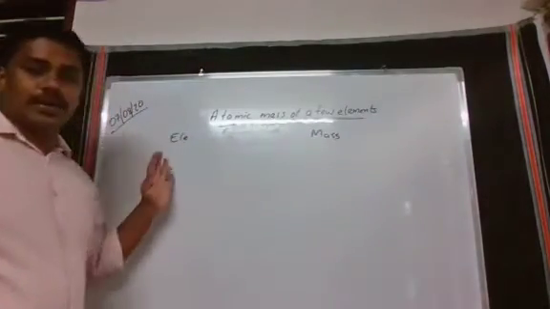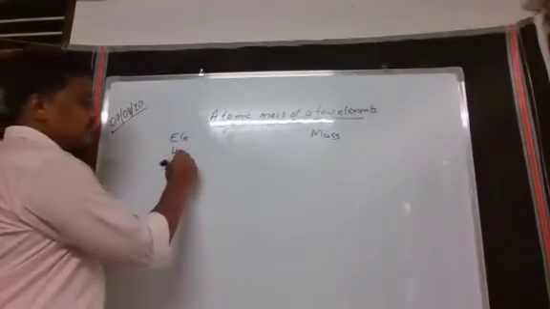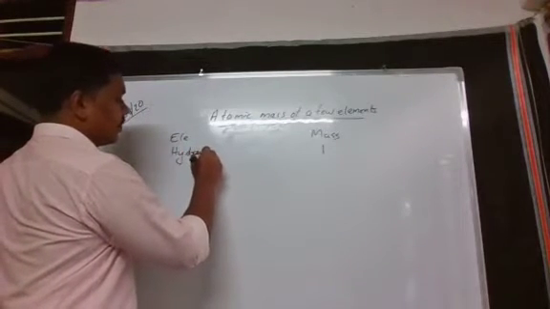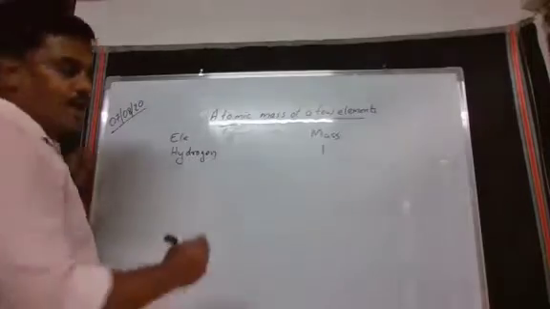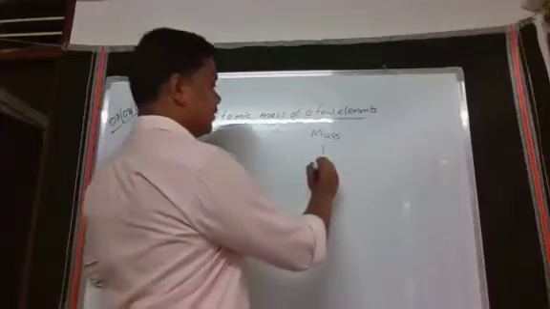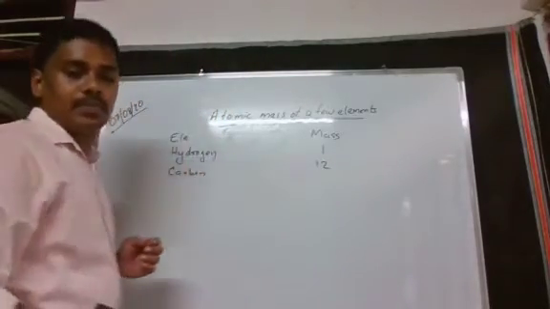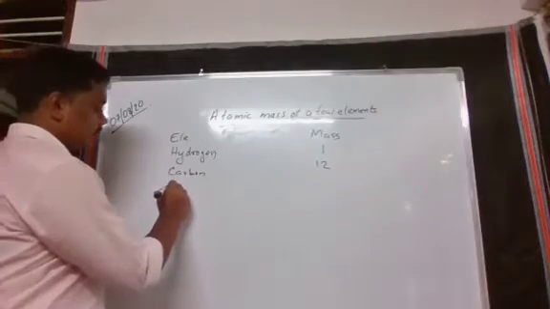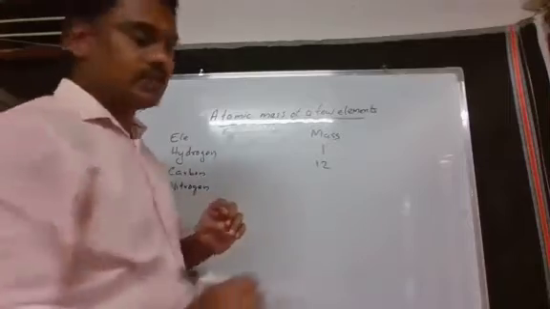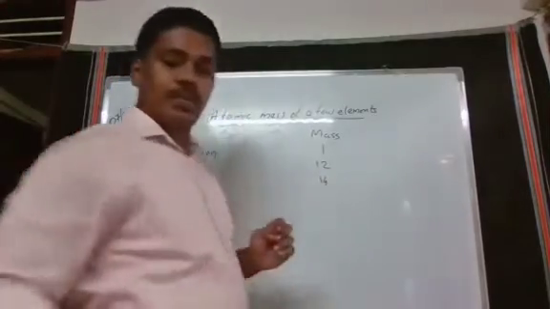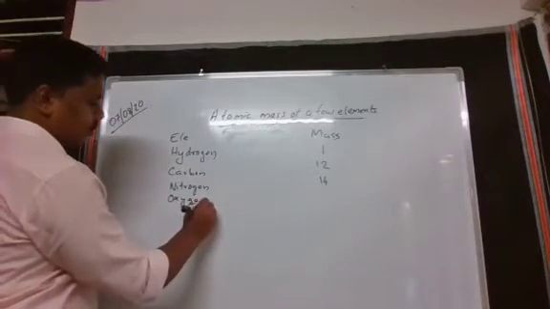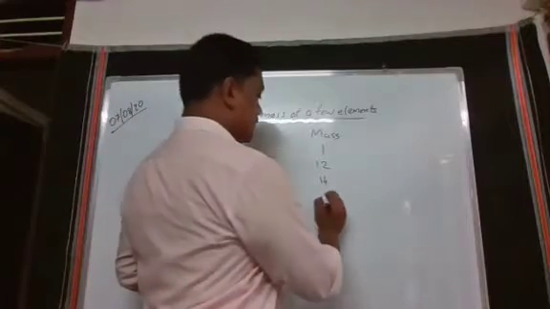Hydrogen, the atomic mass is 1. Carbon, the atomic mass is 12. Nitrogen, the atomic mass is 14. And oxygen, the atomic mass is 16.